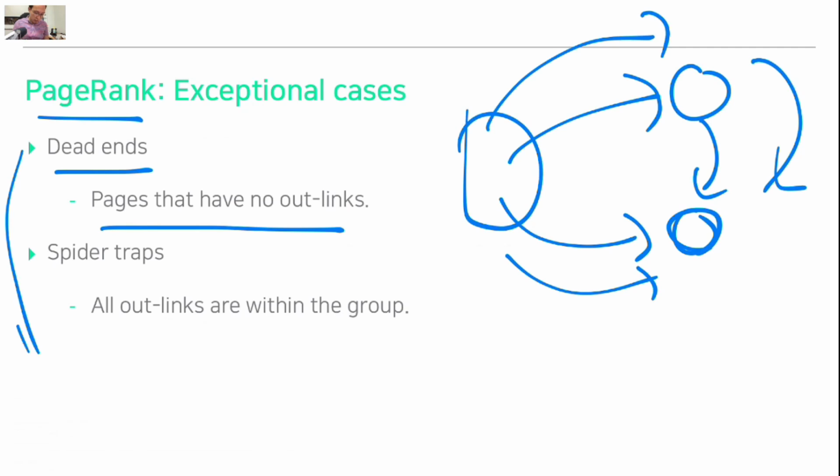So its PageRank score will keep increasing, because the score is not going out since it doesn't have out links. So it is called a dead end.